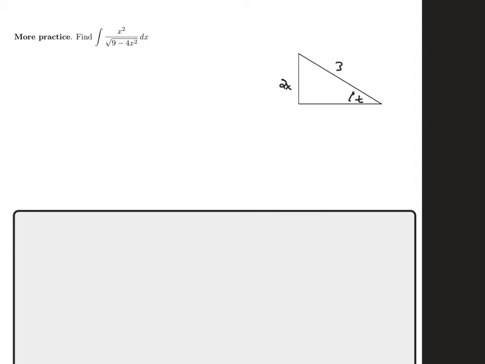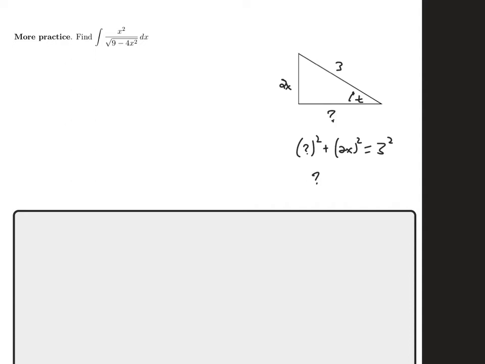But if I do that, just like before, we can do the Pythagorean theorem and see that the third side that we don't have an expression for, squared plus 2x squared is equal to 3 squared. And the most important thing here is to make sure you're putting these things in parentheses, because we really are going to square 2x. So 2x times 2x is 4x squared. 3 times 3 is 9.